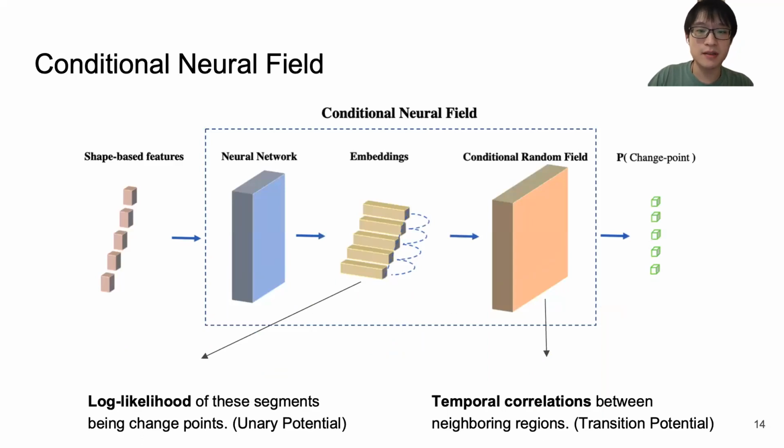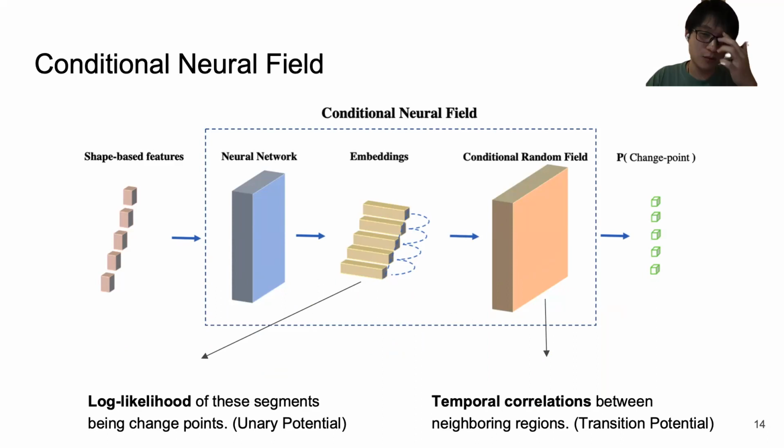More specifically, the neural network will output the embeddings which indicate the likelihood of these segments being a change point, and we call it neural potential. The CRF's job is to find the temporal correlations between these neighboring regions, and we call it transition potential.